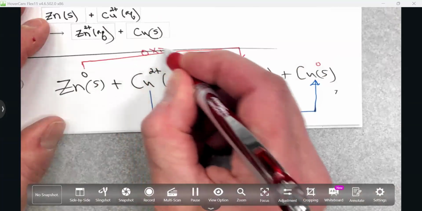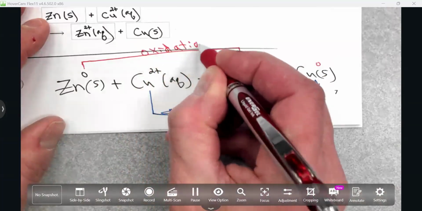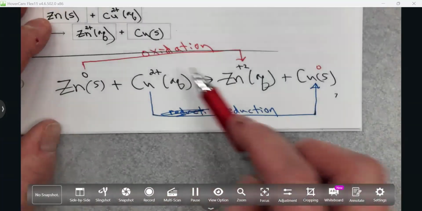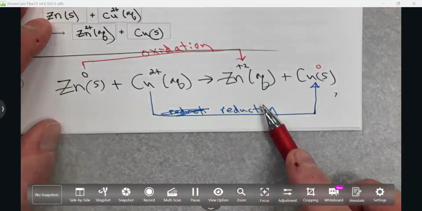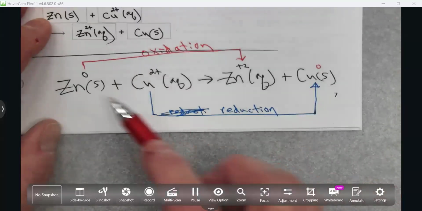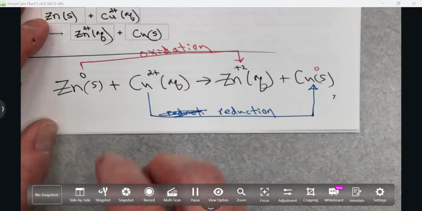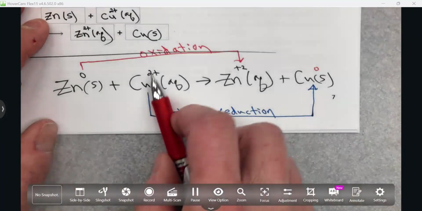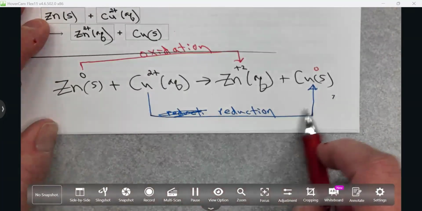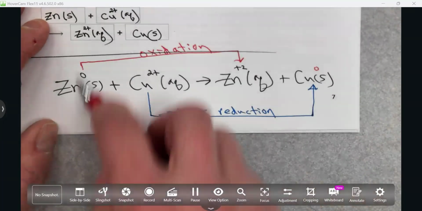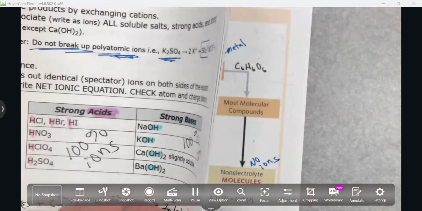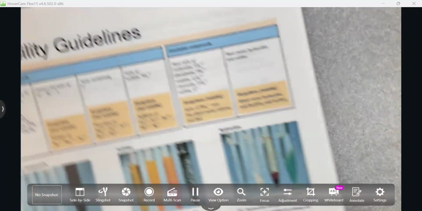This is oxidation. So that's just a quick introduction to what's called oxidation reduction reactions. And you're just changing oxidation states from the reactants to the products. One of them's going to go down, left on the number line, get reduced, and the other one's going to become more positive. It's just a good place to introduce that, and you'll see it later.